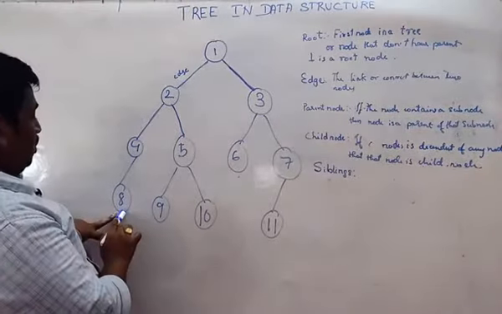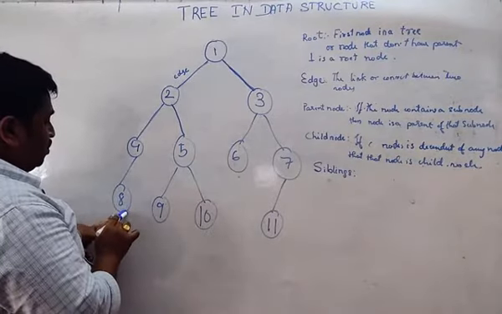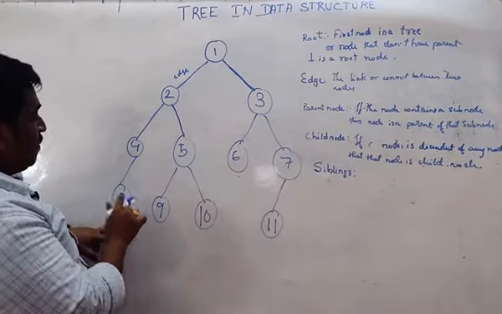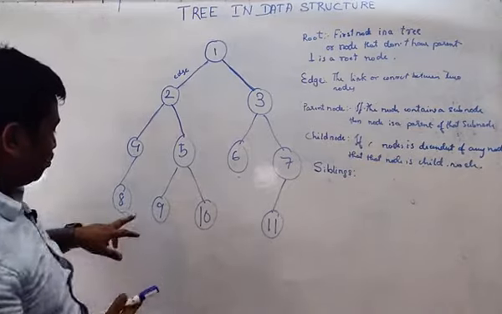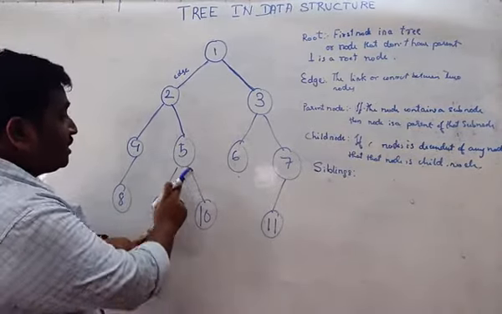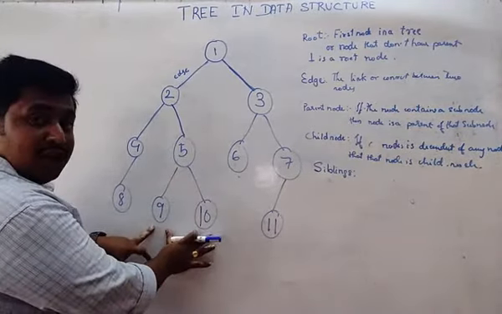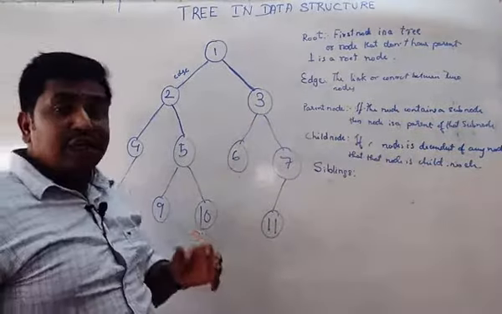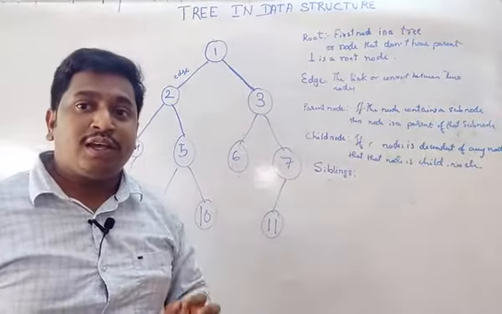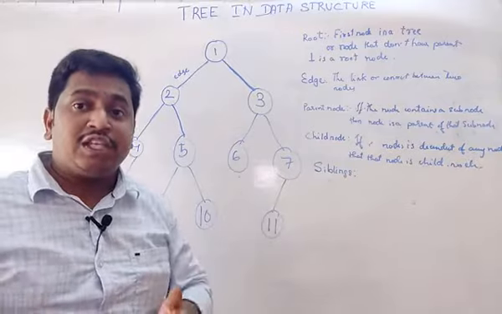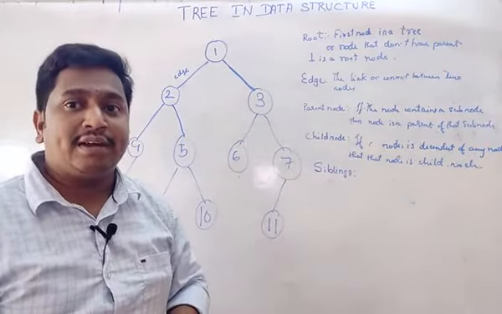8 doesn't have any sharing parent, so there are no siblings. 9 and 10 share the same parent. So these two are called siblings. Two or more nodes are said to be siblings if they share the same parent.